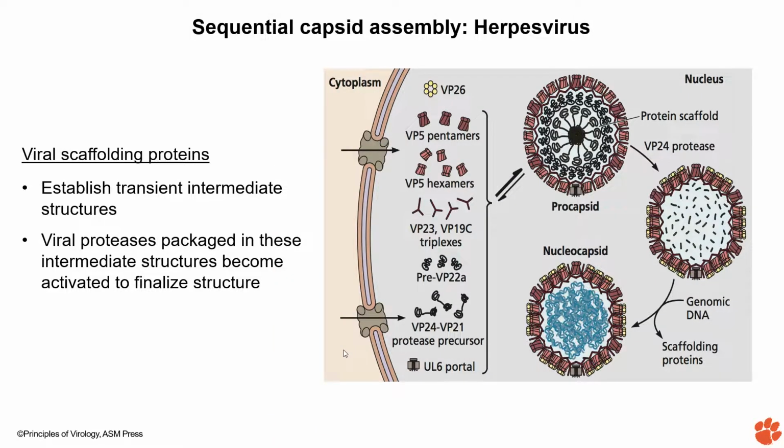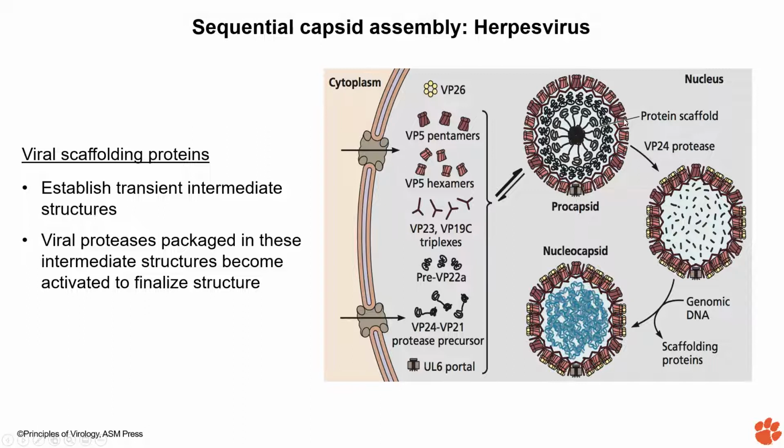Herpes viruses are a little bit more complex, and again, remember that we will not ask you the individual names of these proteins, just the overall process is more important. First, these are the VP5 pentamers, and if you carefully look, although this looks the same, there are some dark ones.